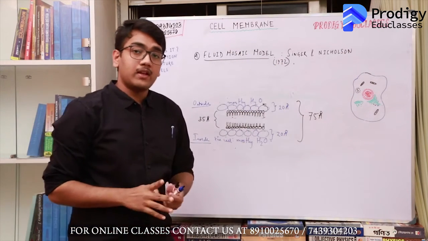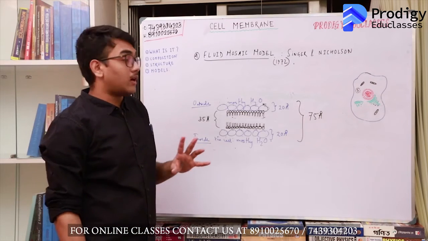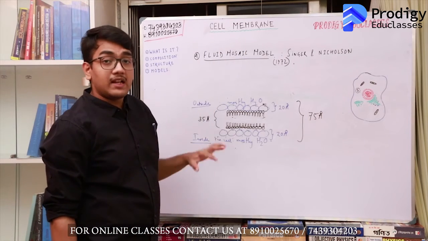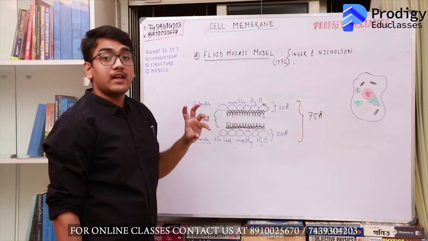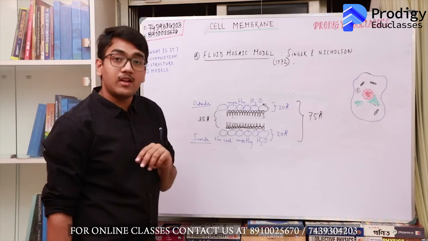What did they say? They said that the cell membrane is composed of a lipid bilayer and proteins, where the proteins are floating like icebergs in an ocean of lipids.